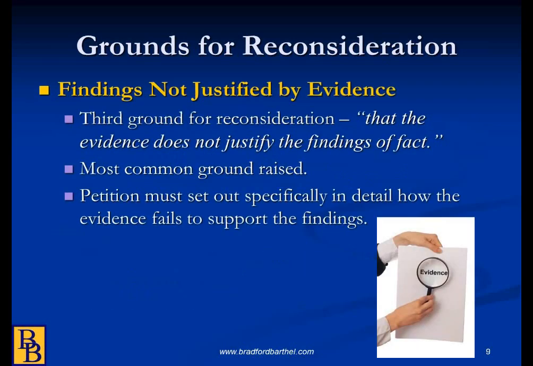The third ground for reconsideration is that the finding is not justified by the evidence. And this is one of the more typical grounds for filing for reconsideration. More often than not, this is the one you'll proceed under. That the evidence does not justify the findings of fact. And in that petition, you have to specifically set out in detail how that evidence fails to support the findings.